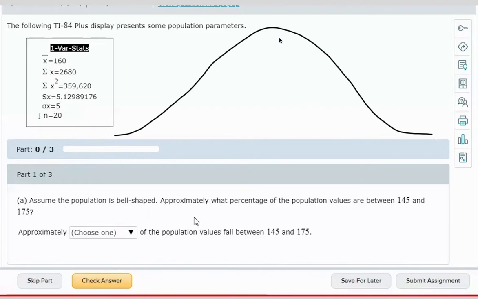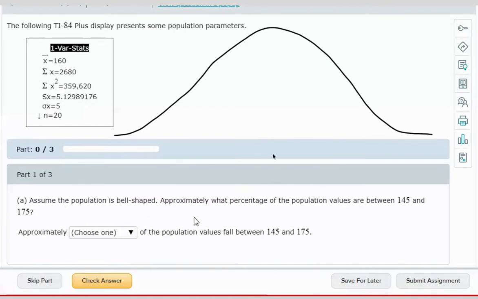That means most of whatever they're measuring falls in the middle. As you get farther away from the middle to either side, lower numbers or higher numbers, it drops off, and it ends up with this curve that looks a little bit like a bell. So if the population is bell-shaped, then there are some specific things that you can assume about it.